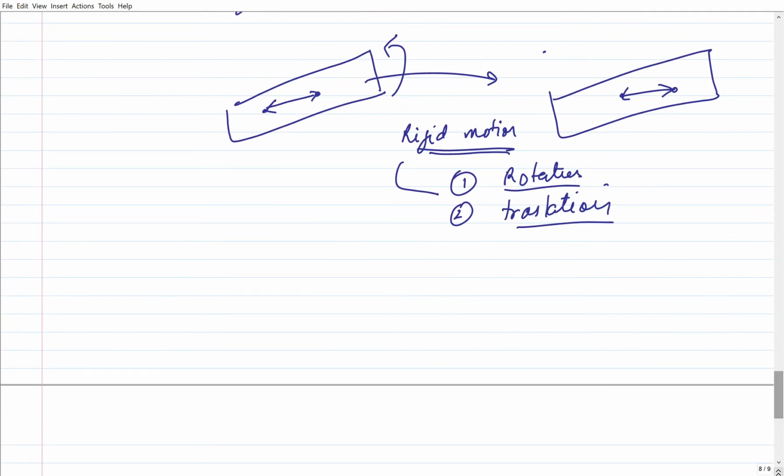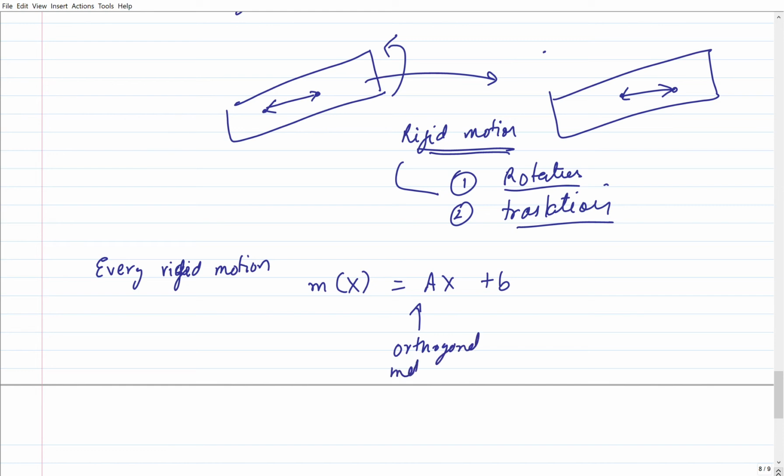And essentially, one of the central ideas of this lecture and the section of the book is that every rigid motion has the form Ax plus b for some orthogonal matrix A and some translation b. So for any vector x, I add some vector b to it, that's a translation.